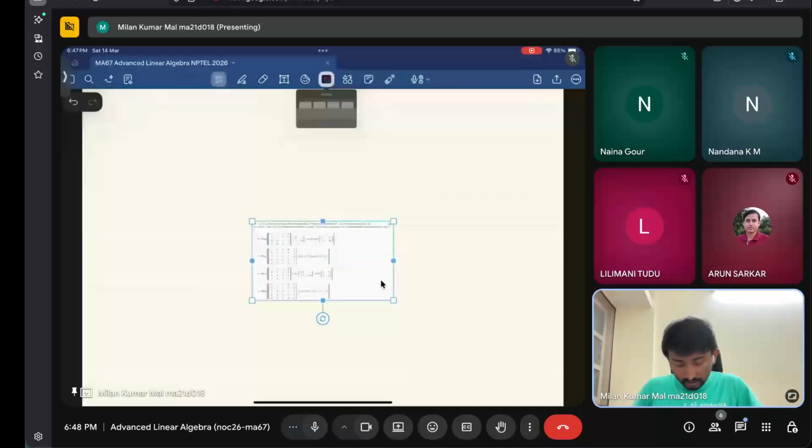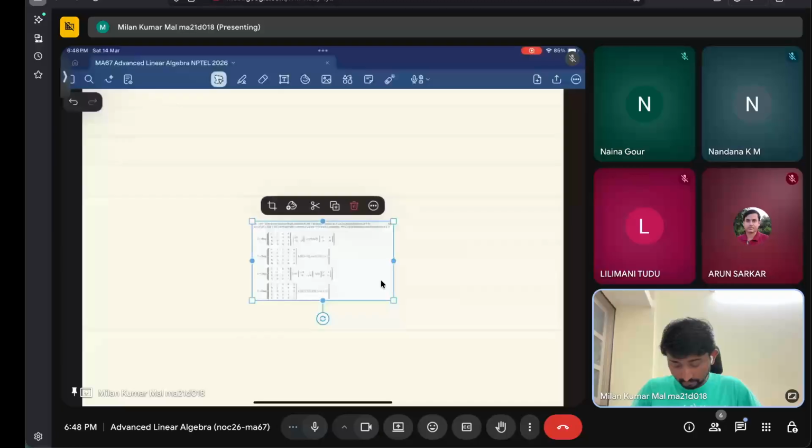Just a minute. This problem may have some problem. So this is another problem. I think it may be Jordan canonical form.